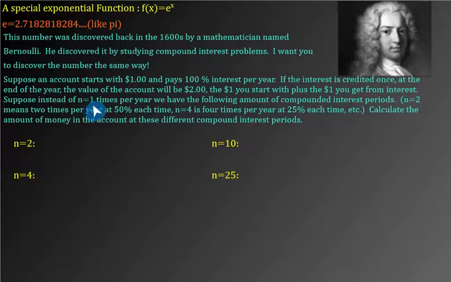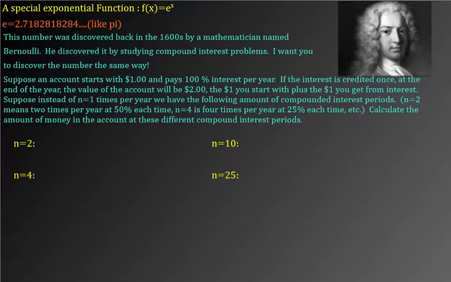So instead of n equals 1 times per year, we could do n equals 2, which means that we still apply the 100% interest in the year, but 50% each time. So maybe in June, halfway through the year, you apply 50%, and then in December, you apply the other 50%.